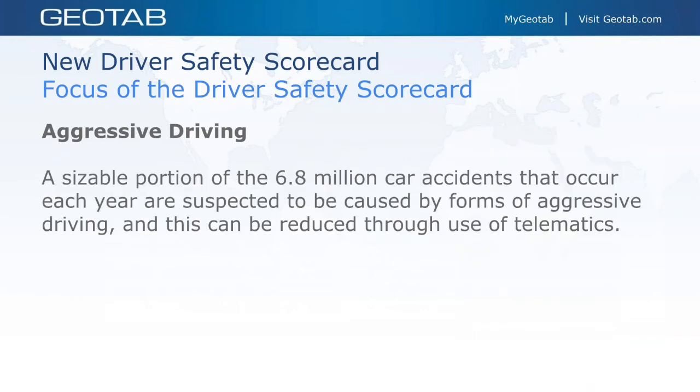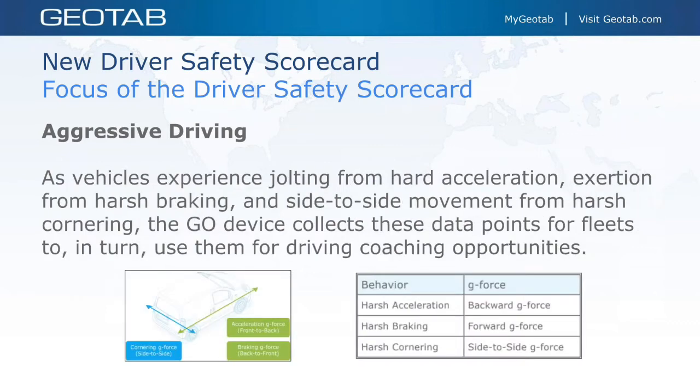As far as aggressive driving goes, a sizable portion of the 6.8 million car accidents that occur each year are suspected to be caused by forms of aggressive driving. This can be reduced through use of telematics. Of course, those of you who have been using Geotab for a while are probably familiar with this, but you have an accelerometer that's built into the Go device, and we are measuring force on three different planes.